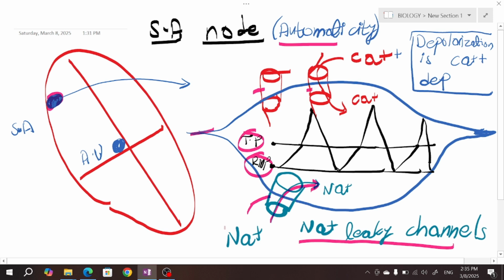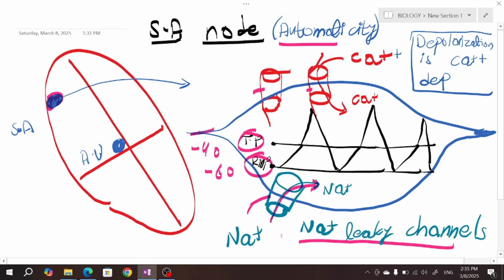Sodium is a positively charged ion, so positivity is coming inside the cell, which makes the inside of the membrane a little bit positive. Suppose the resting membrane potential is minus 60 millivolts and the threshold potential is minus 40 millivolts.